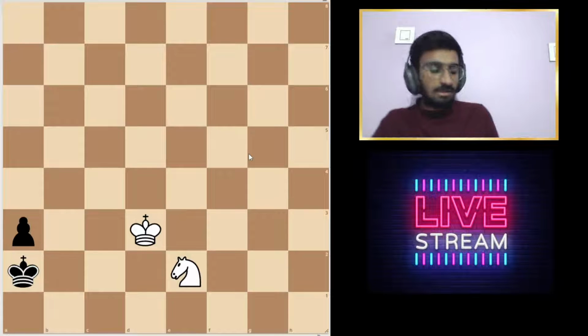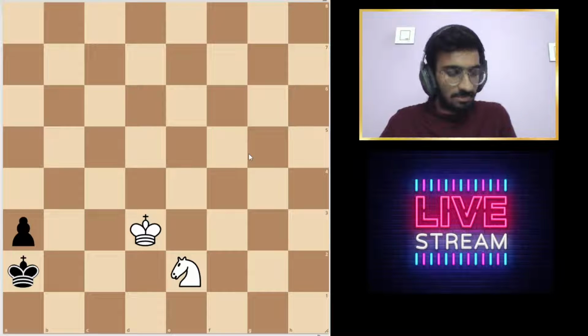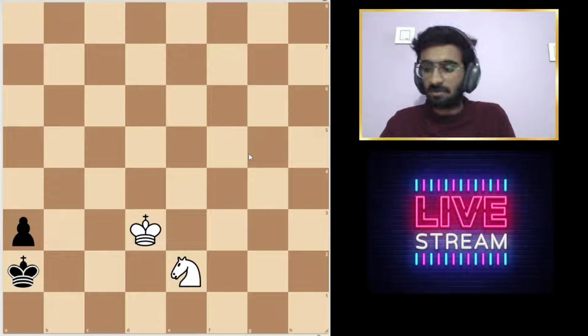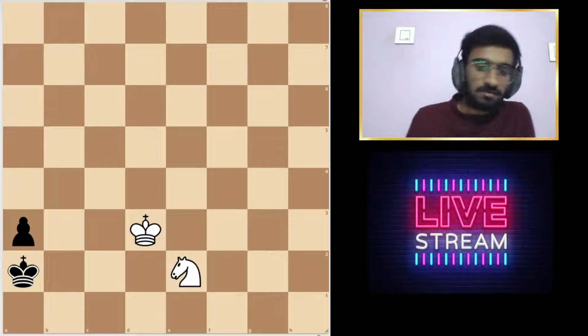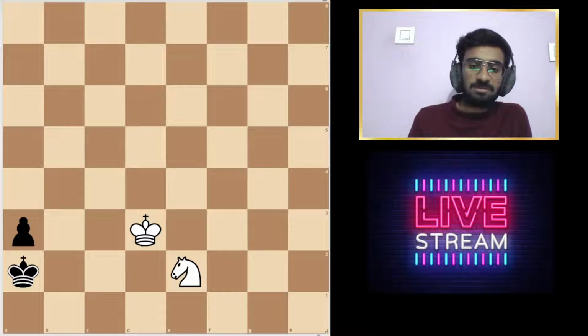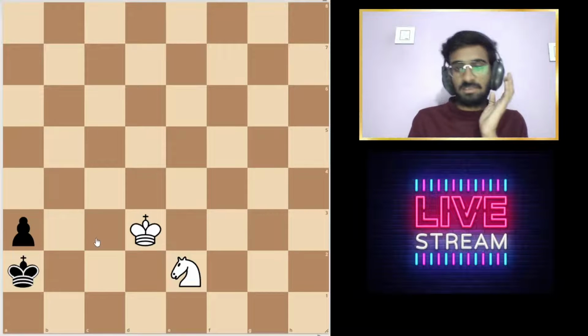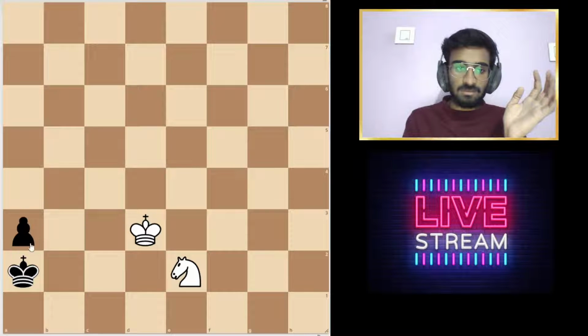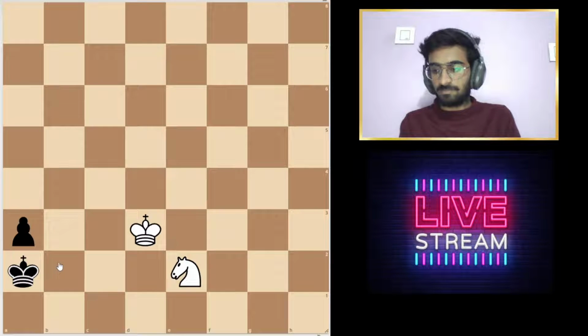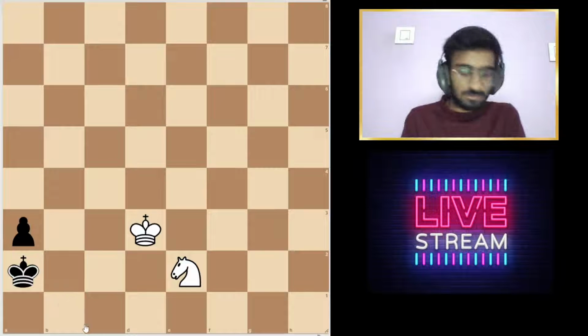Do you think white is in trouble, or can white just simply draw this game? What do you think? Is white in trouble or not? Simple question. What is happening here in this position is this pawn is going this way, and it's white to play. Think, white to play.